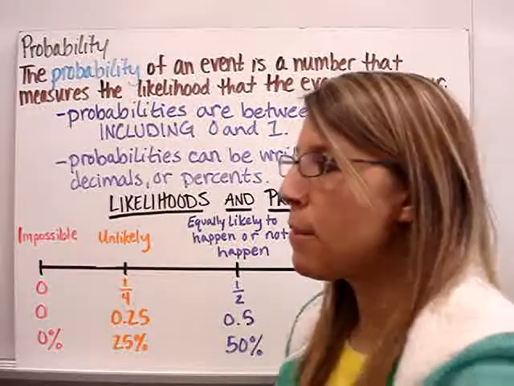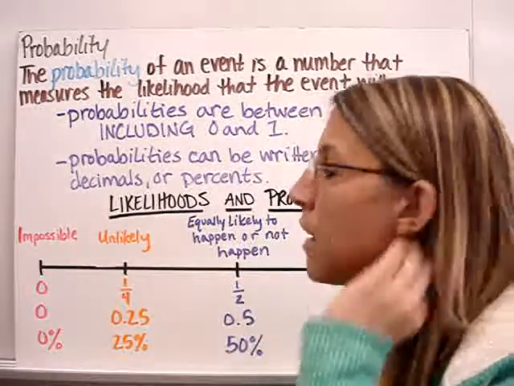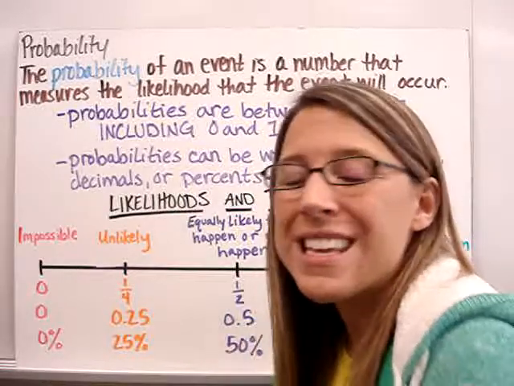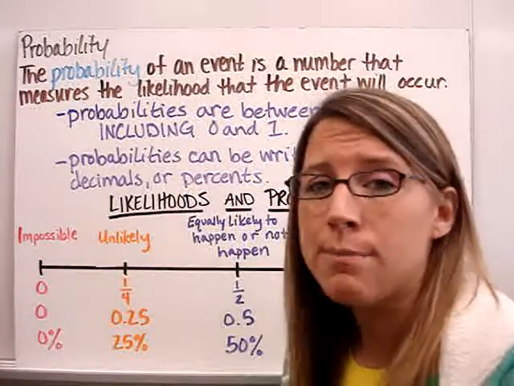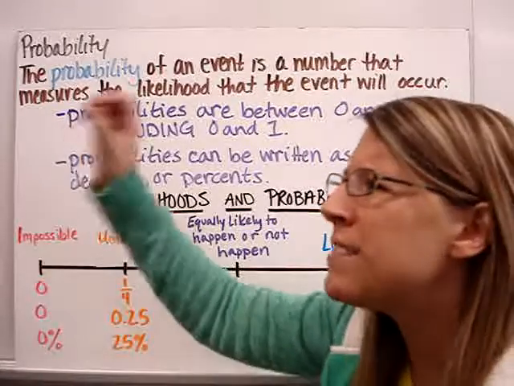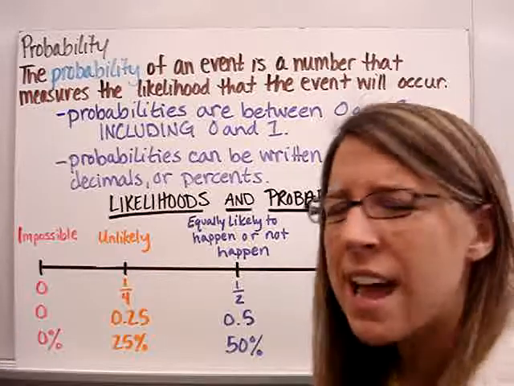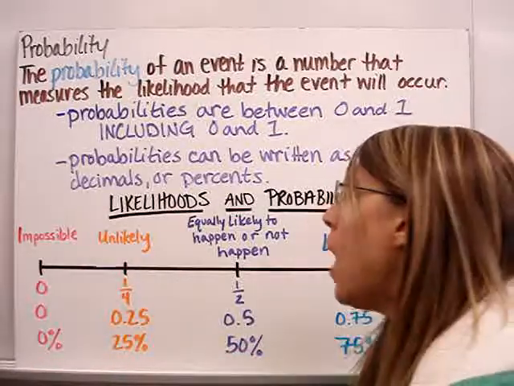Now I talked about the probability of having nachos for lunch in the cafeteria. Well, there are 5 different likelihoods that we would use to verbalize, to articulate how likely it is. If there was no chance at all, meaning it's never been an option, it never will be, that would be impossible. Because that would be 0 out of all of the possibilities, and that would measure as 0 as a fraction, so that would be 0%.